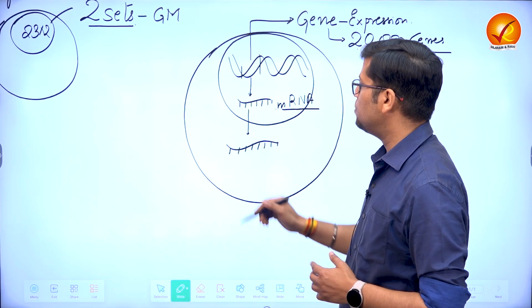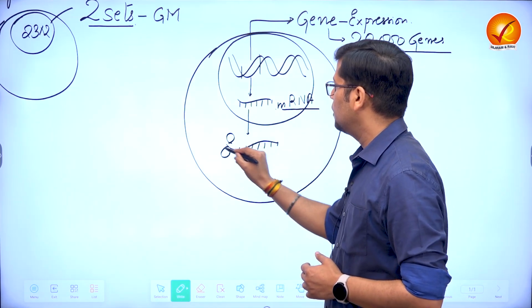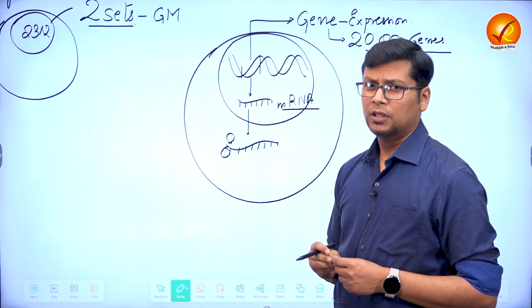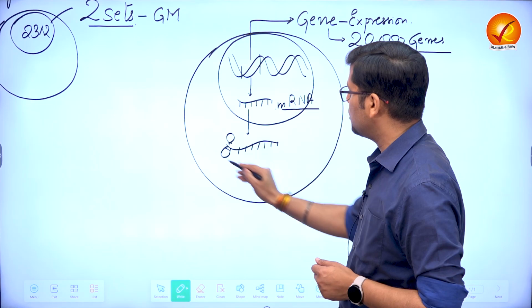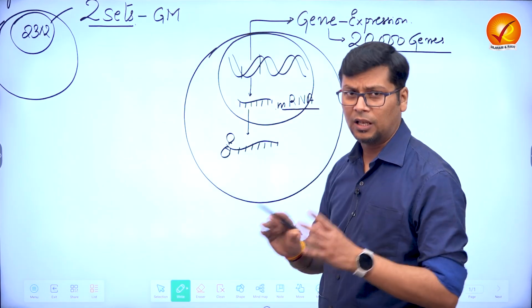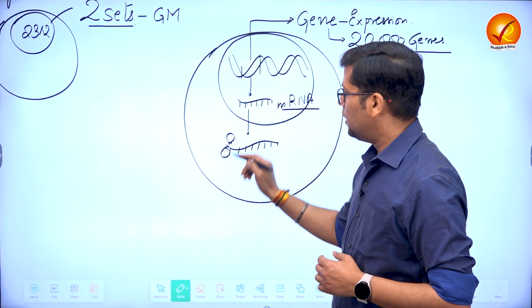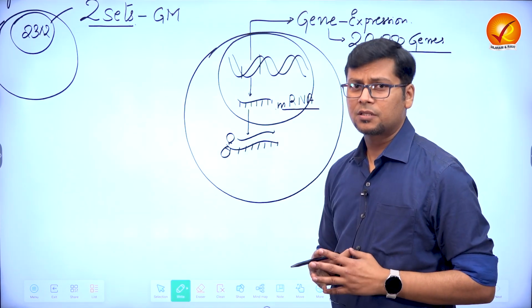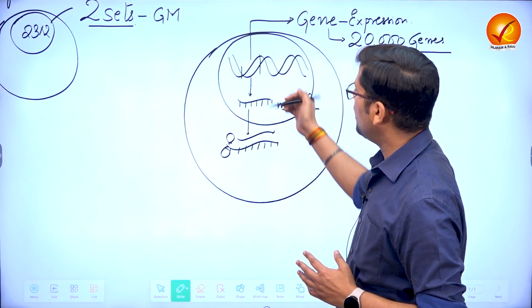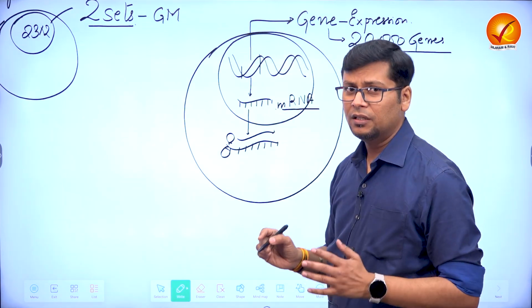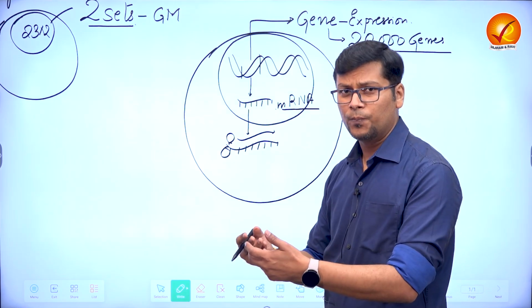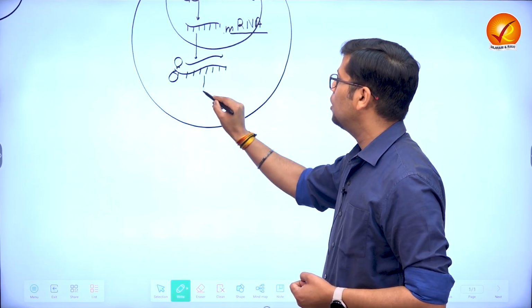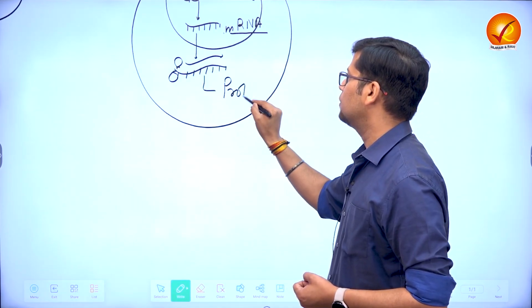This mRNA is immediately latched on to by the ribosomes, the specific particles which are floating around in this medium within the cell. It slides over this mRNA and in doing that gets the message that the mRNA is bringing from the gene read and then converted into another extremely important biomolecule called the protein.